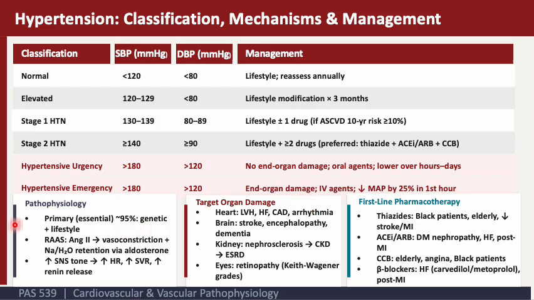So we've gone through pathophysiology, talked about some targeted organs that could potentially have damage. And then let's go through the first line pharmacology for the therapy. For African American patients, studies have come out stating that a diuretic, like a thiazide diuretic, as well as a calcium channel blocker, seems to work best.